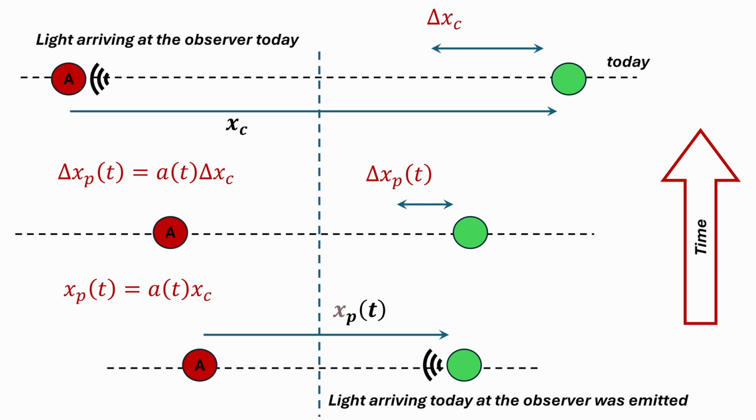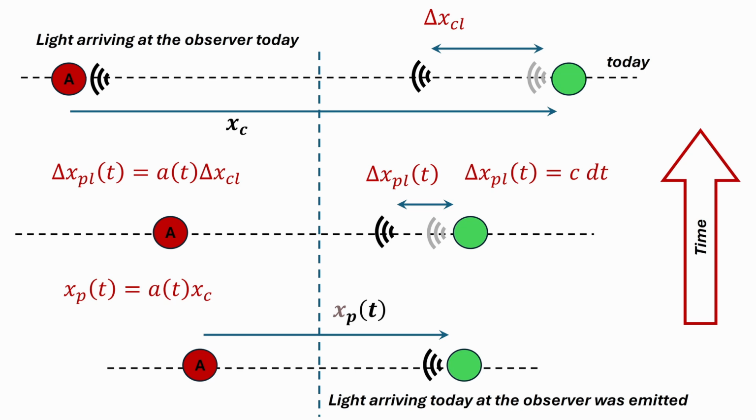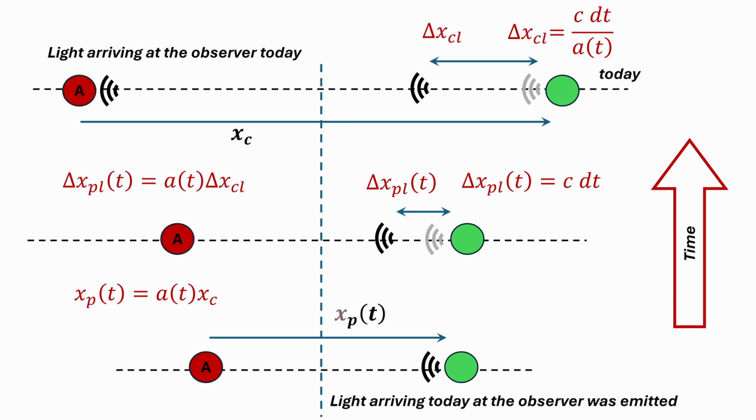A change in proper distance at a time t can then be related to a change in the comoving distance as if we take this proper distance interval as the distance traveled by light in an interval dt, we can write this change in proper distance can be transformed into a change in co-moving distance that light has traveled in an interval dt.